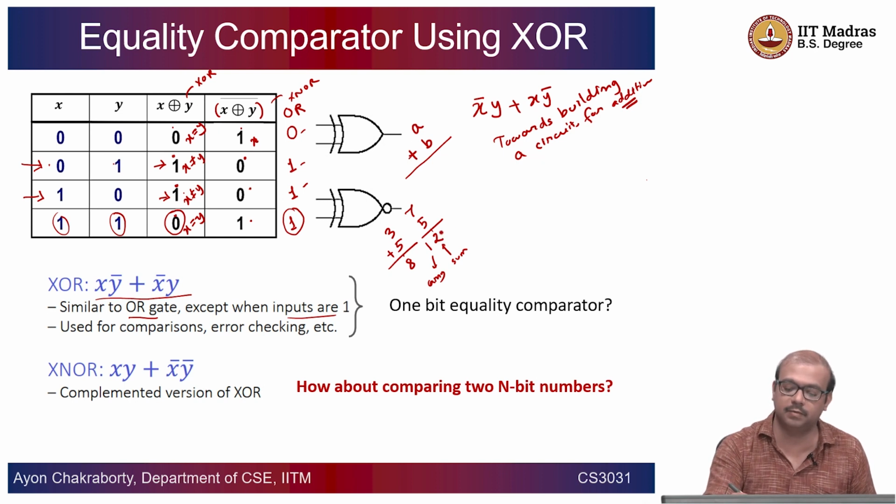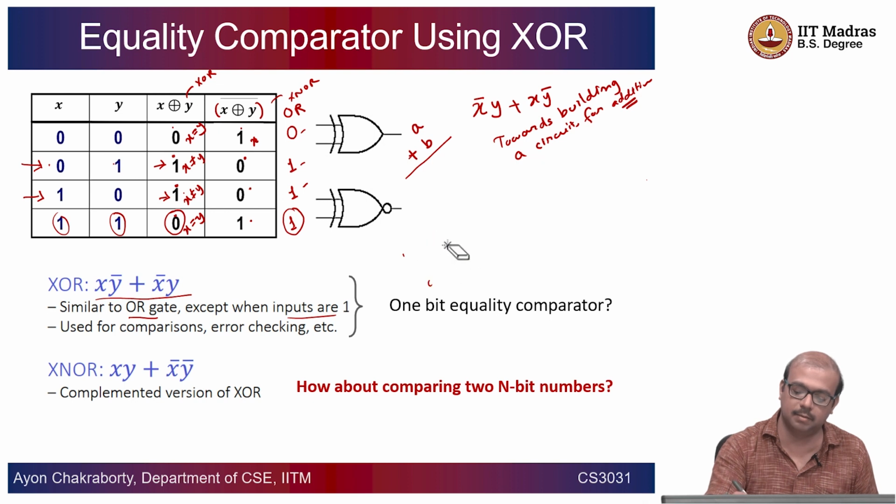So, the sum value could only be 0 or 1, and the carry value could only be 0 or 1. Let me erase this and give you an example in binary. If you look at the possibilities of A and B, this could be 0 0, 0 1, 1 0, 1 1, same as a truth table.